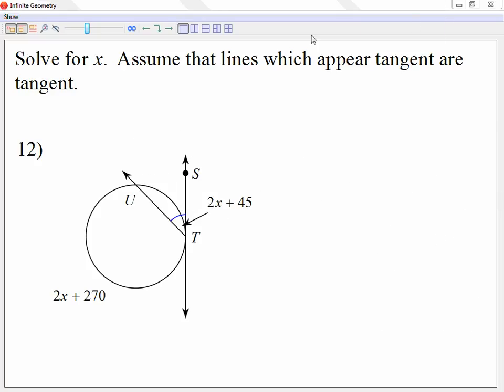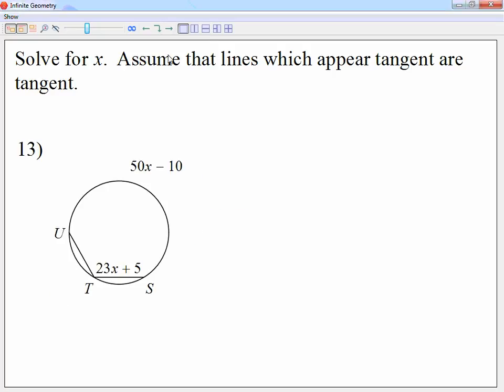Let's take a look at number 13. The angle, 23x plus 5, let me multiply it by 2. So 23x plus 5, when you multiply by 2, you get 46x plus 10. Right?